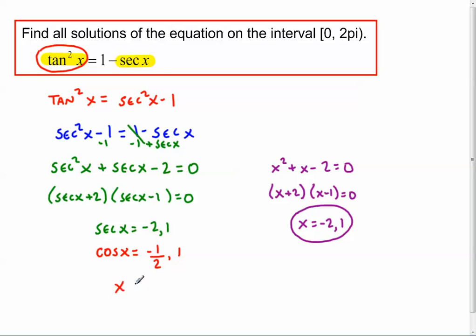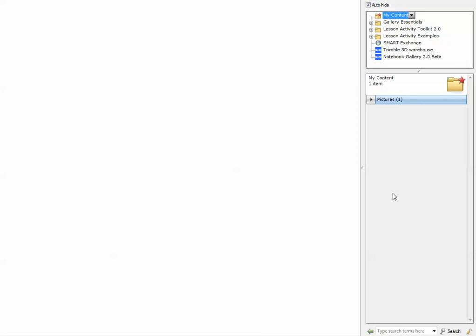Now, since I was solving on the interval 0 to 2 pi, I have to go around the unit circle and figure out where the cosine is negative 1/2, where the cosine is positive 1. Hopefully we know the unit circle pretty well, but in case you don't remember the unit circle very well, let me take a minute and bring that up real quick. All right, let's grab the unit circle.